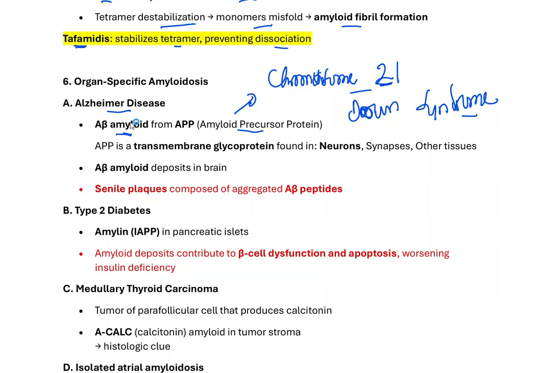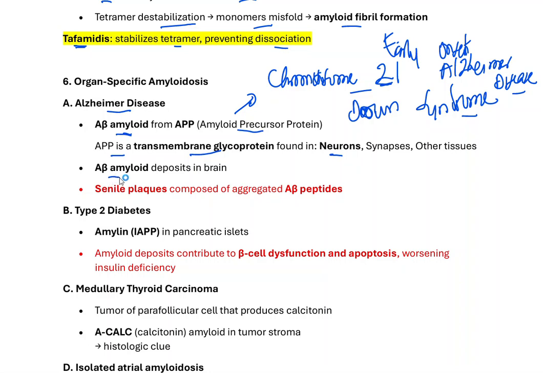And that's why they could develop early onset Alzheimer's. So in those patients, they could have early onset Alzheimer's disease. And this amyloid precursor protein is a transmembrane glycoprotein, and they are found in the neurons, and you can also see them in the synapse and other tissue.